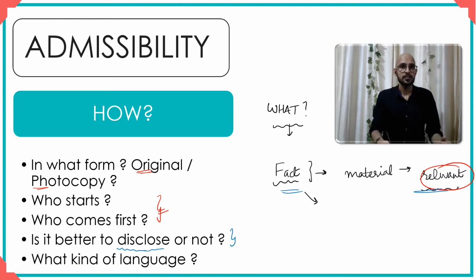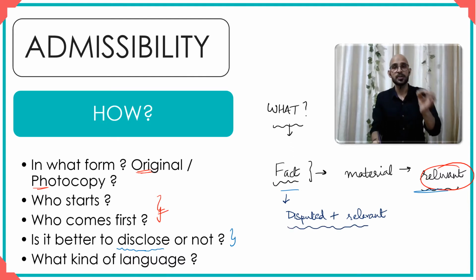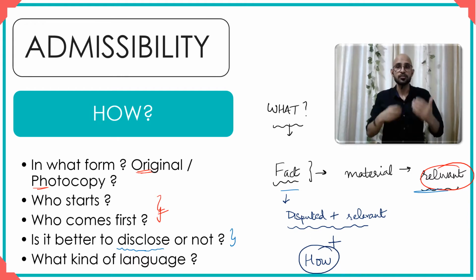So as you realize, beyond the simple twin test that we saw in the previous video, of the fact having to be disputed plus relevant, that evidence must necessarily relate to a disputed and relevant fact, what we learn now is that it also has to follow the test of how. So there are some additional rules that have to be complied with, in addition to the rules of relevancy.